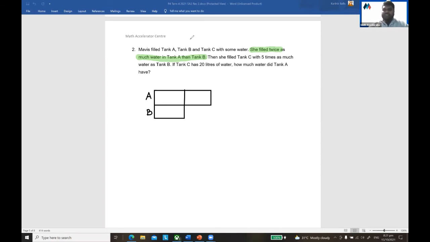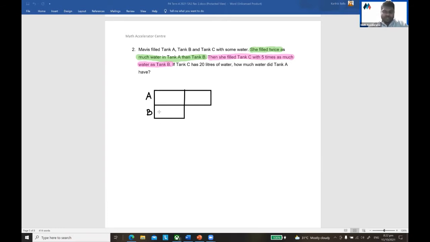Okay, now let's read the next sentence. Then she filled tank C with 5 times as much water as tank B, which means tank C is 5 times more than tank B, right? So if you look at this question here, tank B is 1 unit. So tank C has to be how many units? Can you type in the chat?